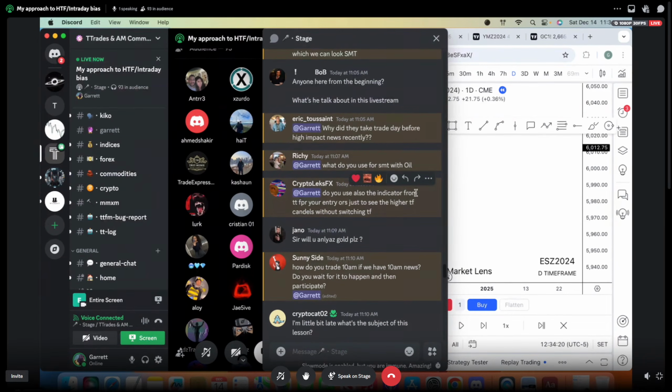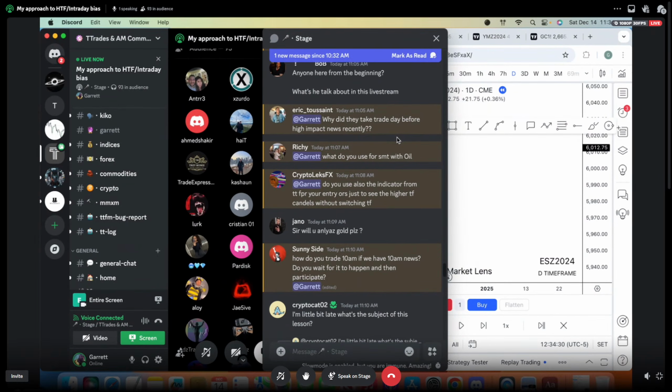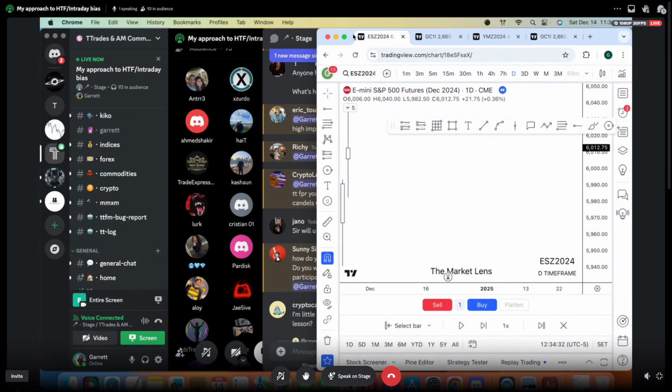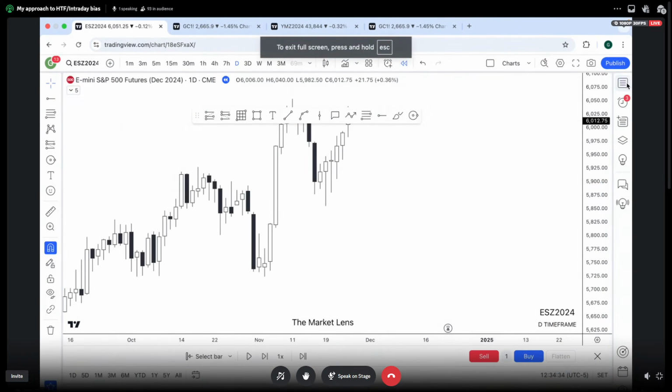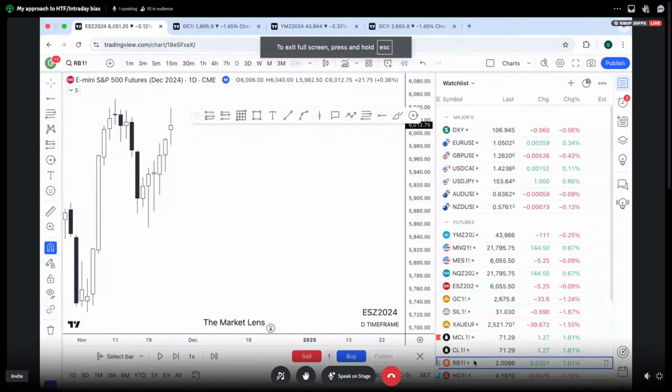So it almost doesn't even matter. But ideally, you want to see the red folder manipulate intraday, stuff like that, to then trade away from. And you can use it for continuation stuff too. Oil SMT is RB1, so it's this ticker right here.